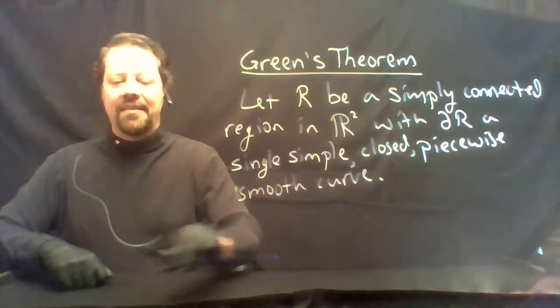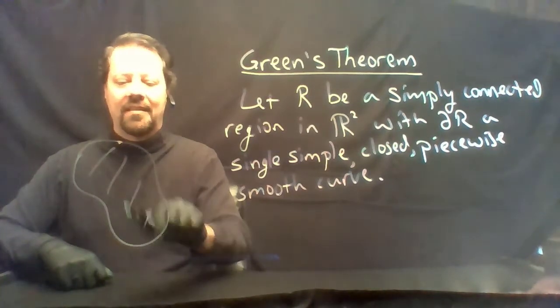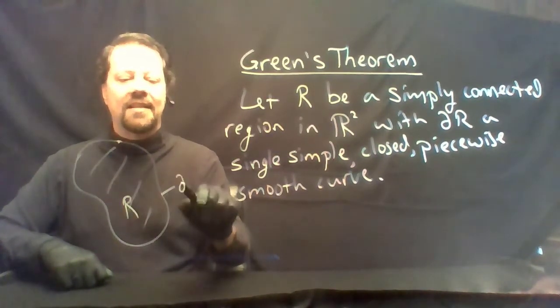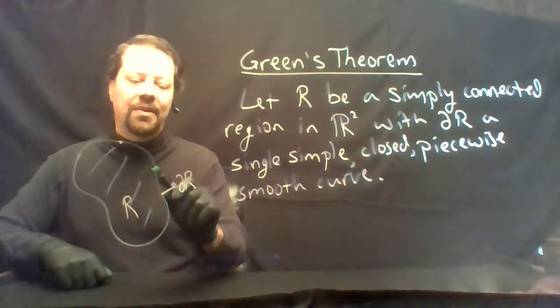So we're assuming here that the region R has a single simple closed boundary curve.